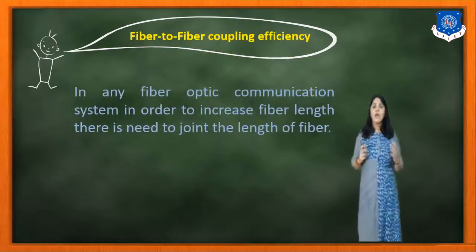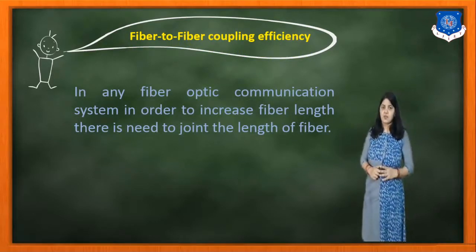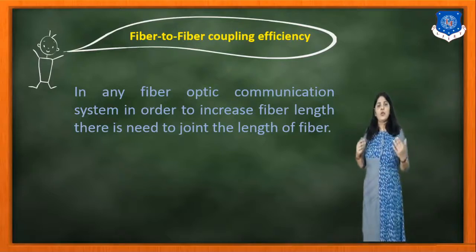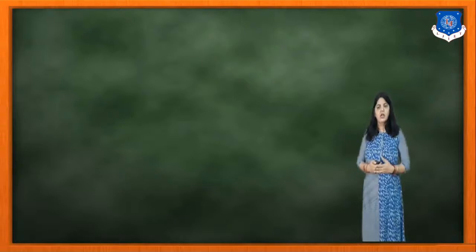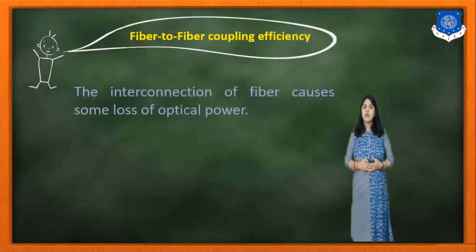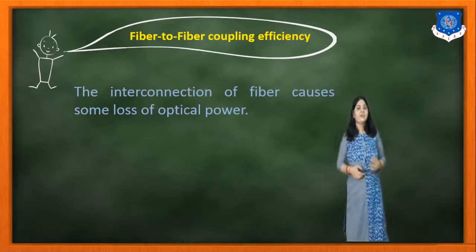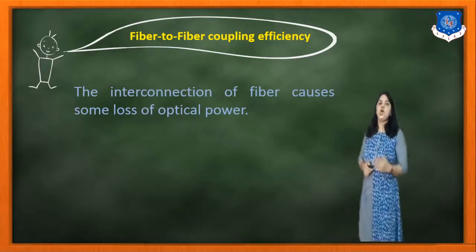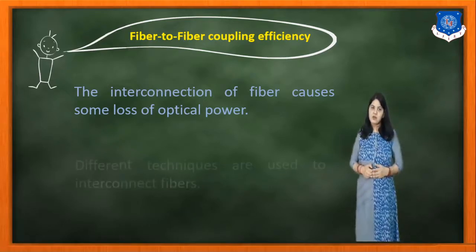Now in any fiber optic communication system, in order to increase the fiber length, there is always a need to join two lengths of fiber. At that time, the interconnection of the fiber causes some loss of optical power.